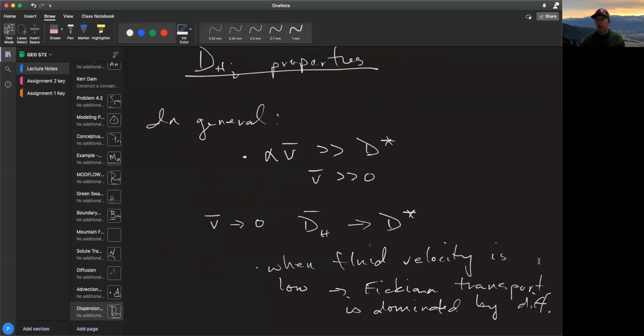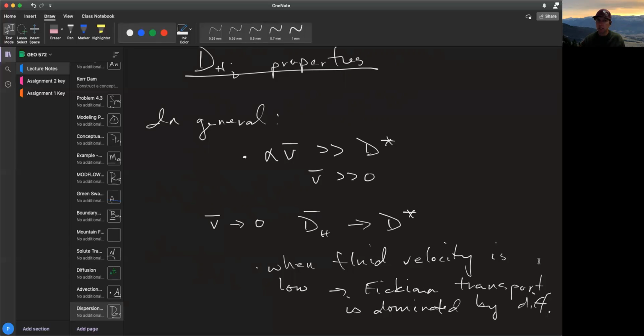So that is the hydrodynamic dispersion. It includes both diffusion and dispersivity. The dispersion coefficient is a tensor. It's directionally dependent. We're generally going to define it in the longitudinal direction, transverse horizontal, and transverse vertical.